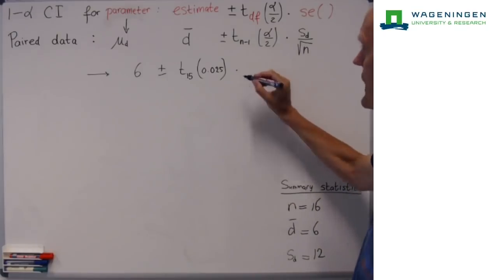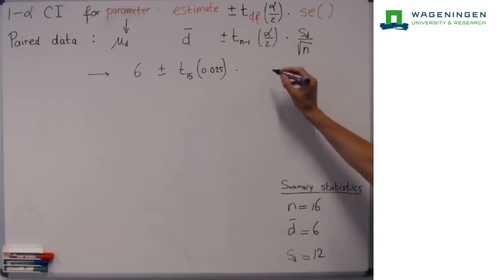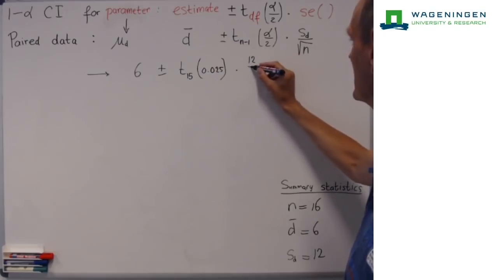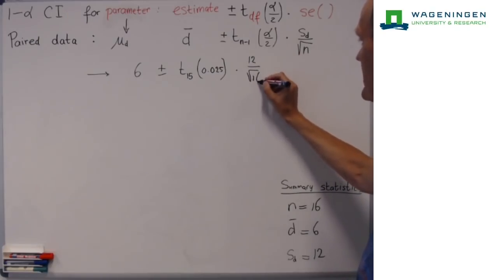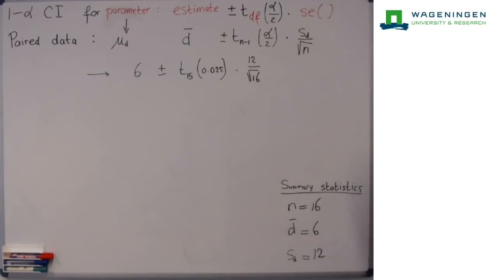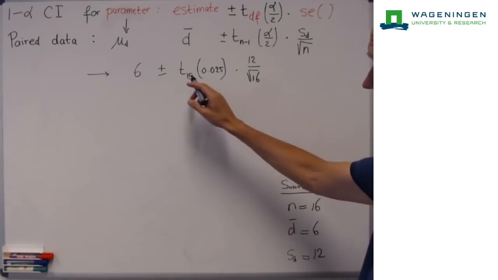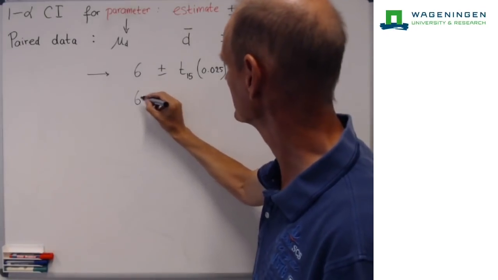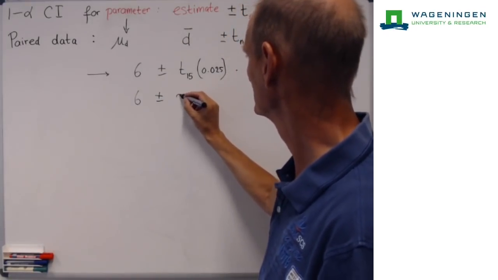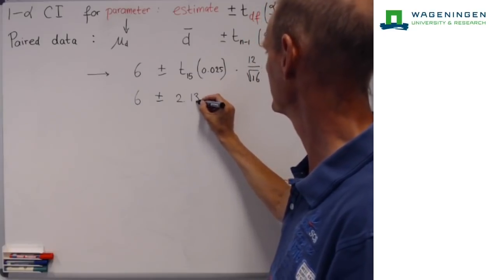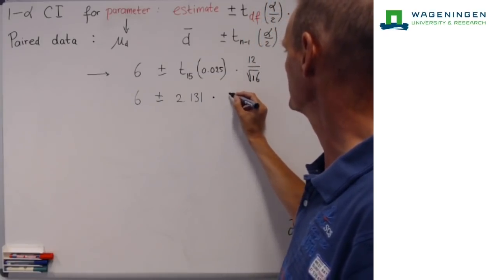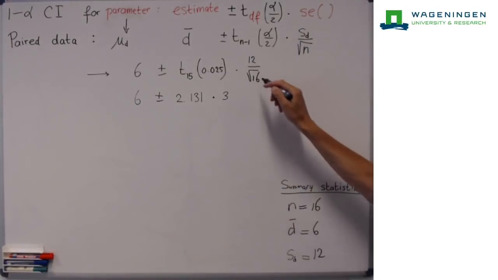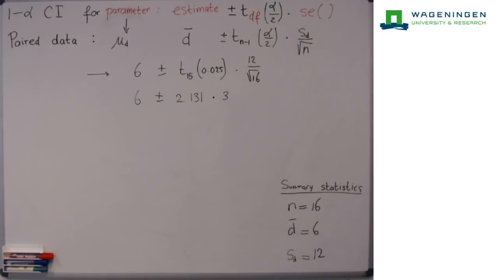And then times SD 12 over square root of 16. I already mentioned in the slides that the T15 value is 2.131, so I get 6 plus minus 2.131 times 3. 12 divided by 4 is 3.